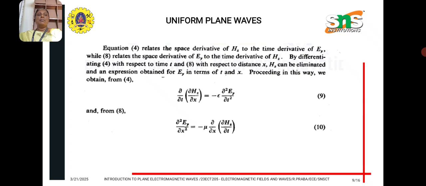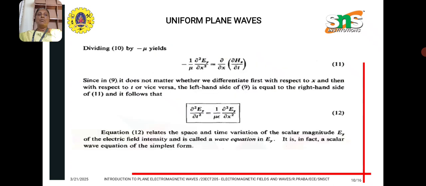From equation 8 we obtain ∂²Ey/∂x² equal to minus mu ∂/∂t of ∂Hz/∂x. And similarly, from equation 4 we get ∂/∂t of ∂Hz/∂x equal to minus epsilon ∂²Ey/∂t².